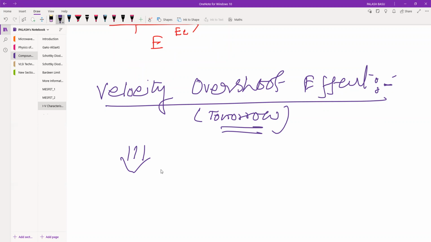You know that all the high frequency devices are actually made of the depletion type of MOSFET. Right?